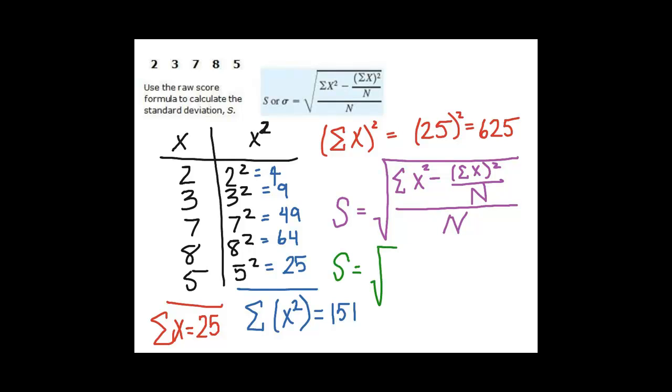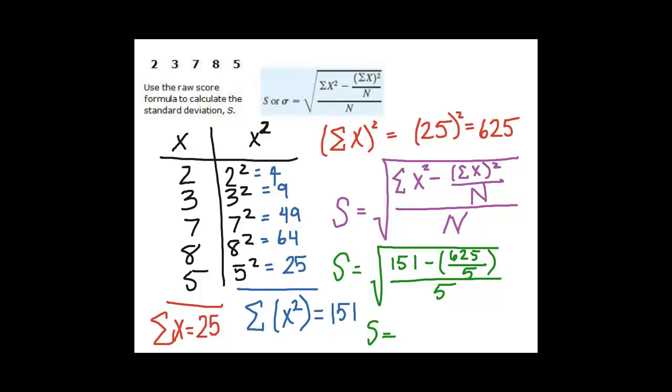So, plug and chug. The sum of the squared terms is 151. Subtract 625 divided by n is 5. All over 5.